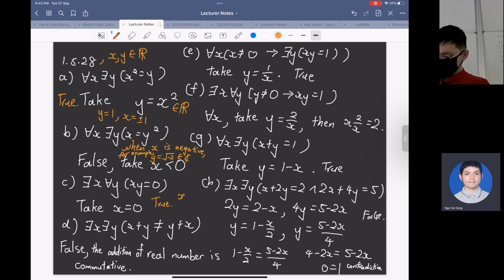X equals 0. Then for every Y like 1, 2, 3, 0.3, okay, for every Y, X times Y is 0 because 0 times Y is 0.